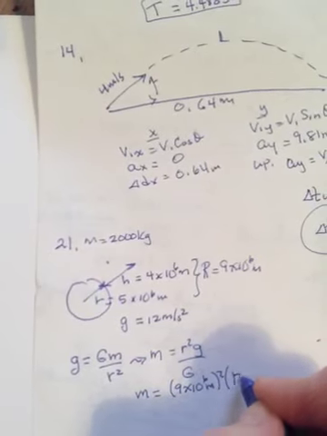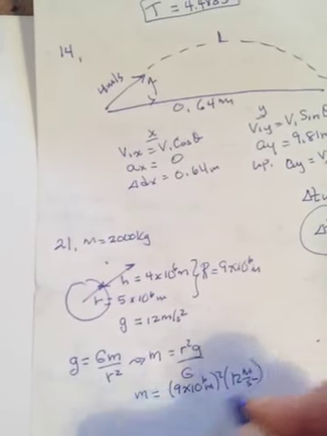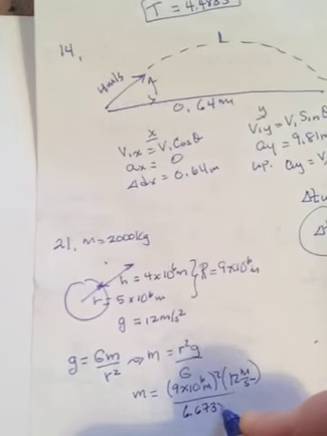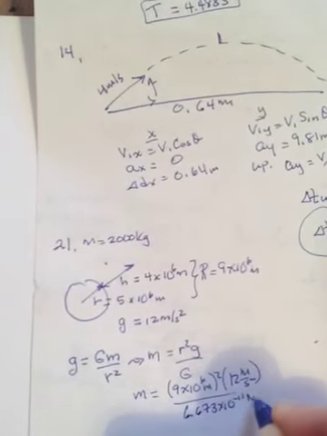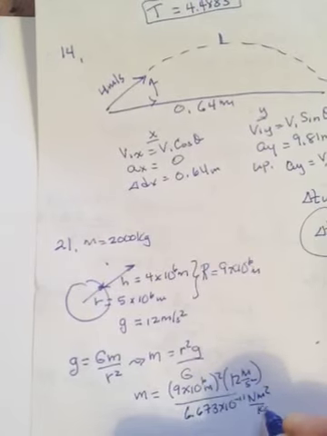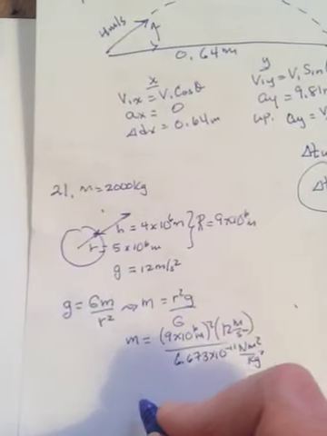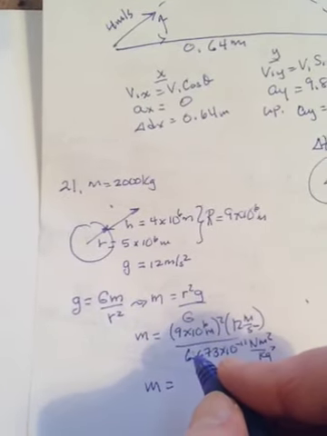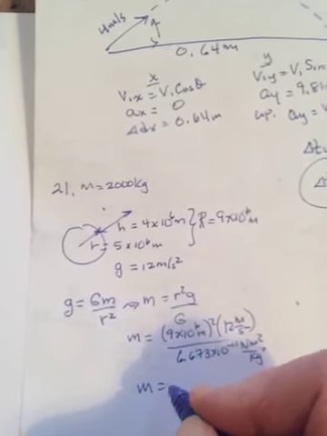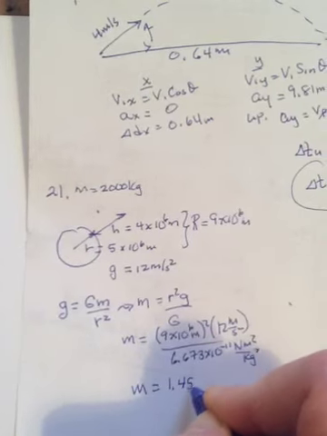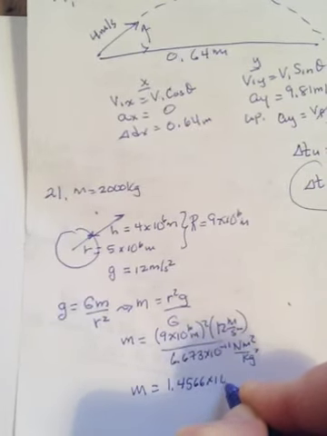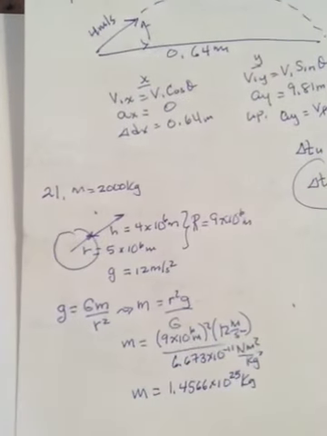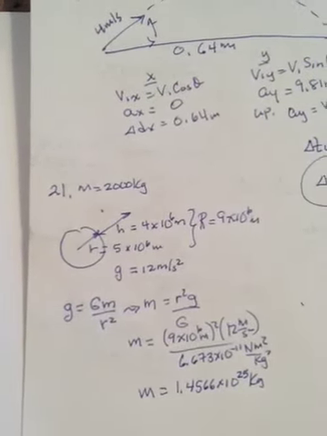Little g, you were told in the question, was 12 meters per second squared. And capital G, of course, is 6.673 times 10 to the negative 11 Newton meter squared per kilogram squared. Type this into your calculator, and you should get a mass of 1.4566 times 10 to the 25, I think it is.